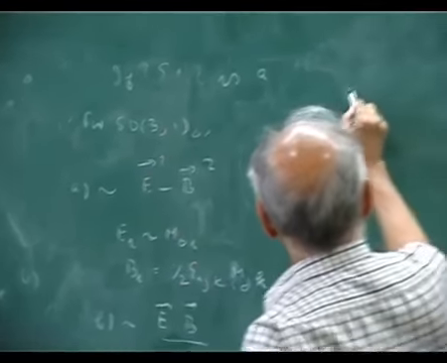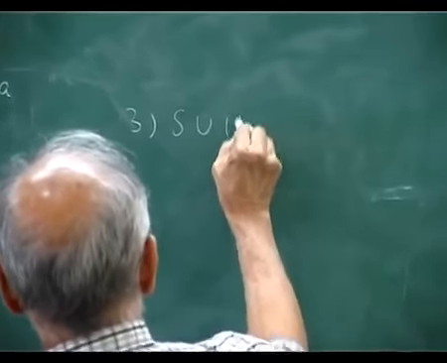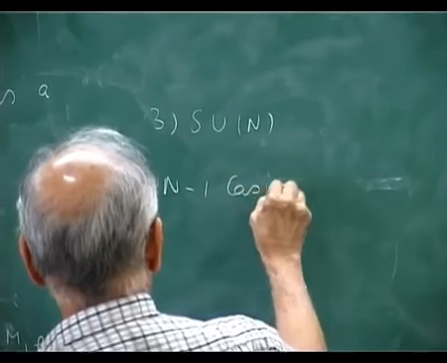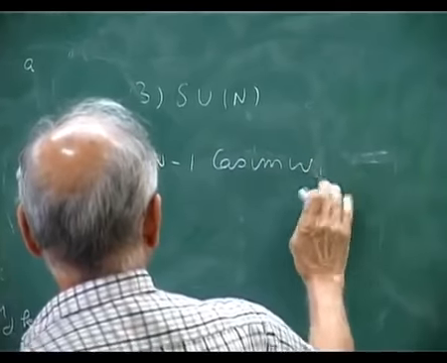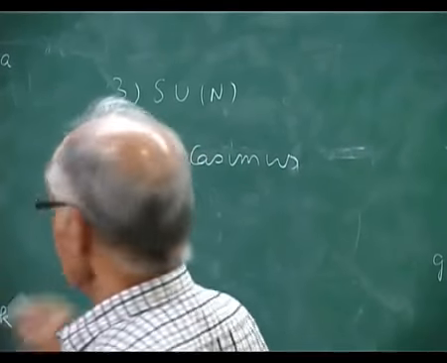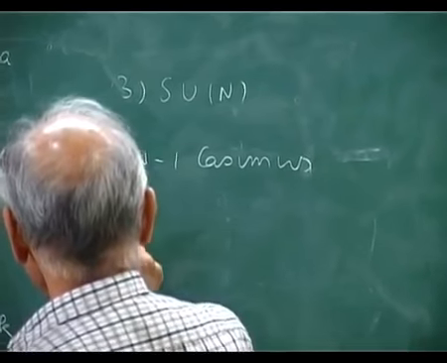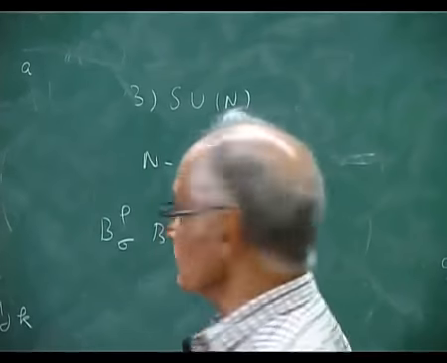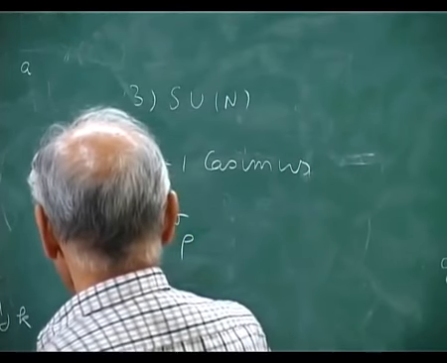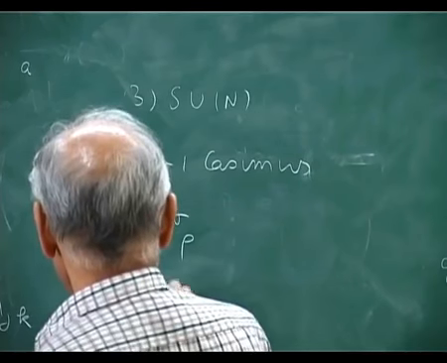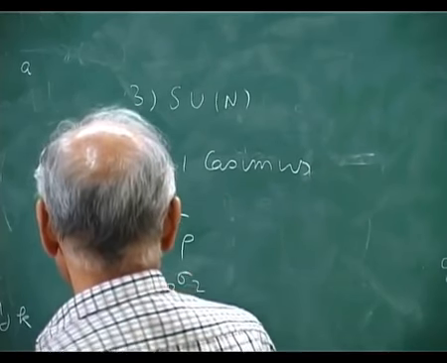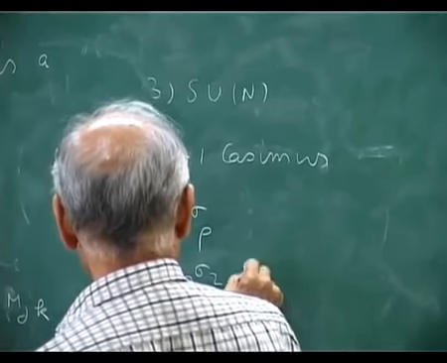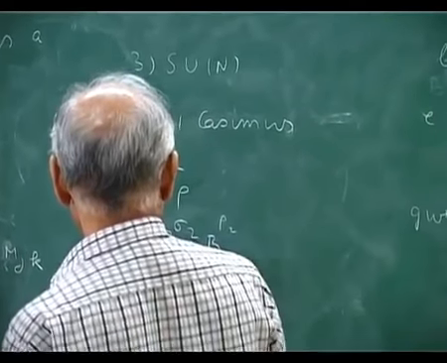Third is SU(N). There are n minus 1 Casimirs. What are they? Well, B^ρ_σ B^σ_ρ. The third one is almost obvious, no? B^{ρ1}_{σ1} B^{σ1}_{ρ2} B^{ρ2}_{ρ1}.